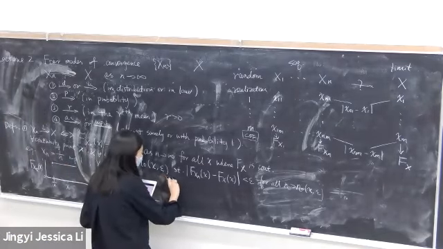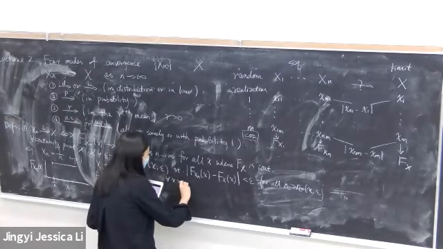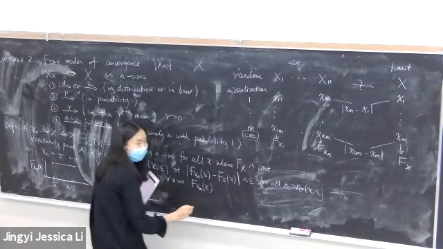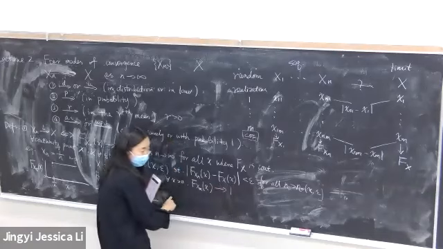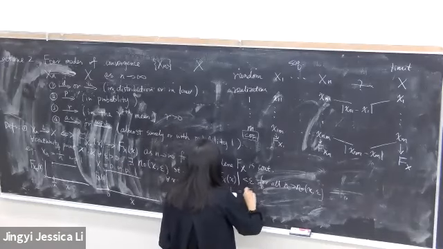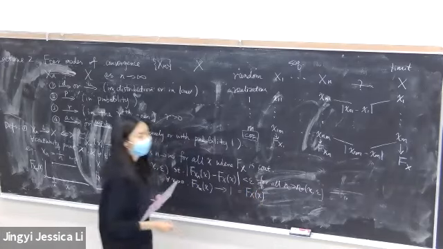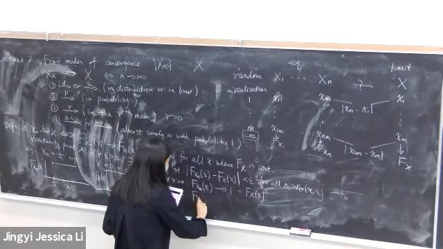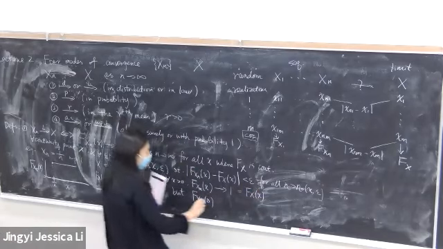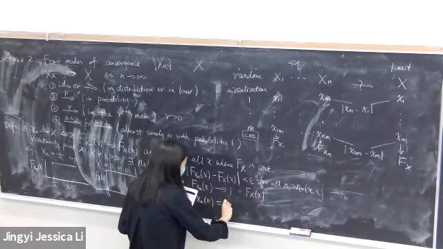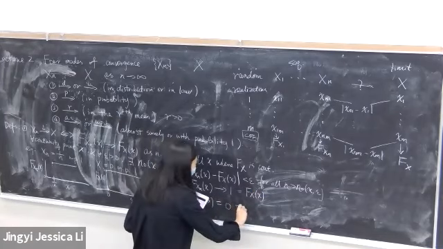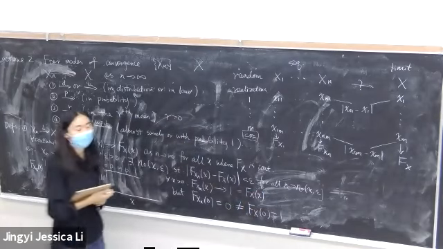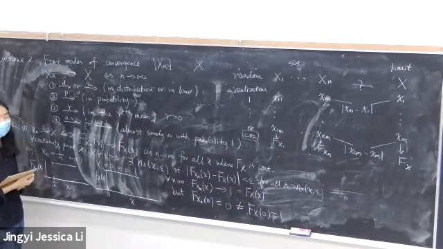For any positive x, F_{X_n}(x) converges to 1, which is equal to the limit. But for 0, F_{X_n}(0) will always be equal to 0, and it's not equal to F_X(0) because this is 1. So we don't have convergence for x equal to 0.